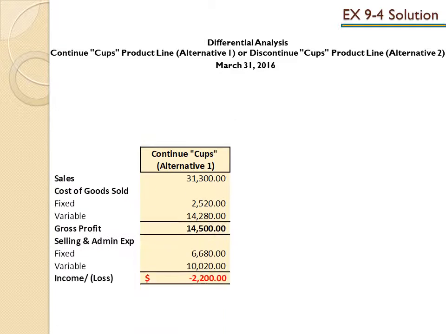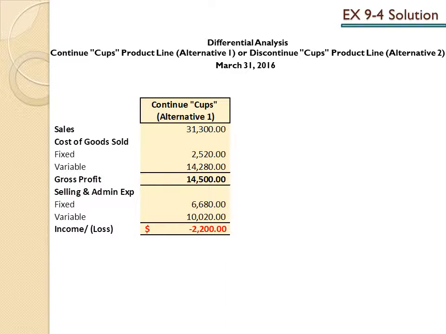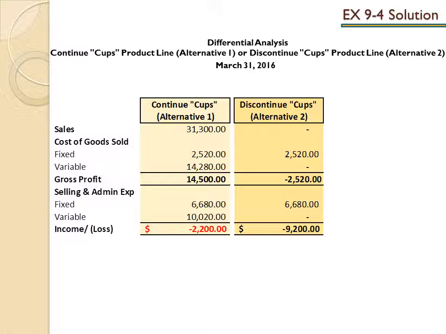So there are two alternatives, whether to continue the cups product line under alternative 1 or discontinue the cups product line under alternative 2. If we continue the cups product line, we will be in the same situation, so we will still have a loss of $2,200. However, the catch is what will happen if we discontinue the cups product line.